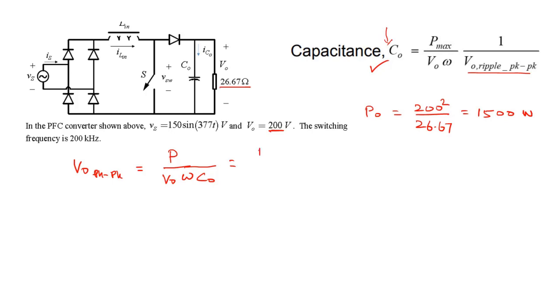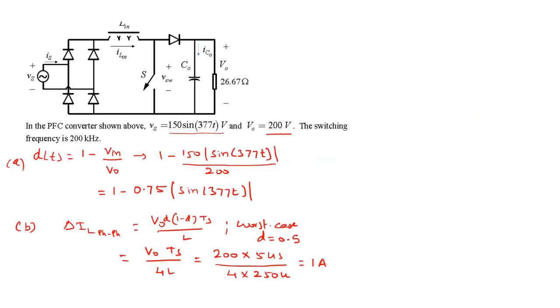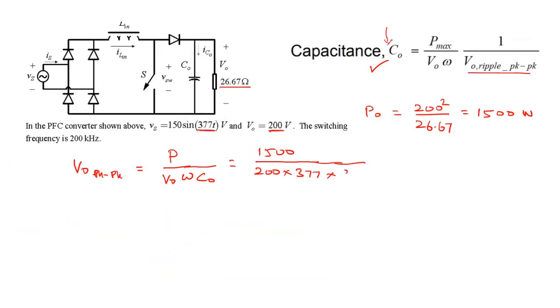Okay, so P is 1500 divided by V out of 200 volts, omega is this line frequency in radians per second, that's 377, times the output capacitance, which is given as 800 microfarad. 800 micro. Okay, so then calculate this equation. You would get... let me see.